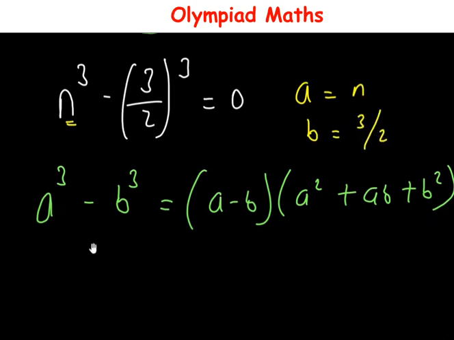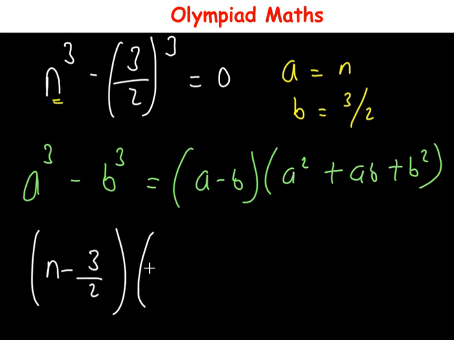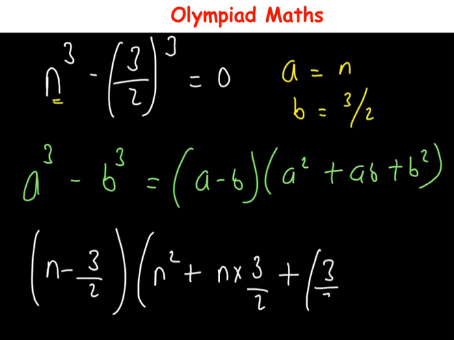Expanding this, we have, in brackets, a is n, so n minus b, which is 3 over 2, multiplied by a is n, so n squared, plus a times b, which is n times 3 over 2, plus b squared, which is 3 over 2 all squared. All of this is equal to 0.